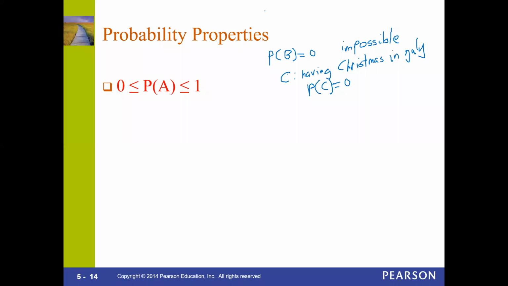Now there's another one. If the probability of an event W is equal to 1, that means this is certain to occur.